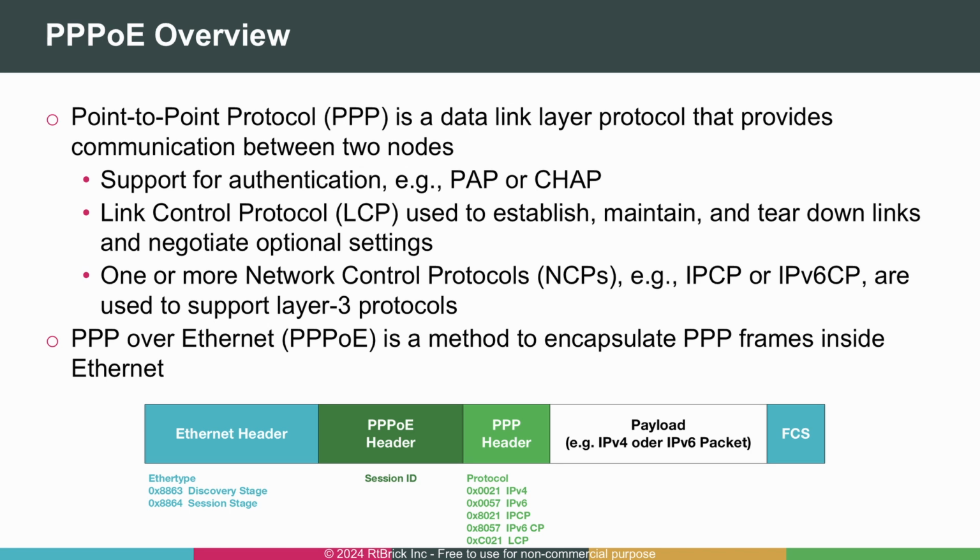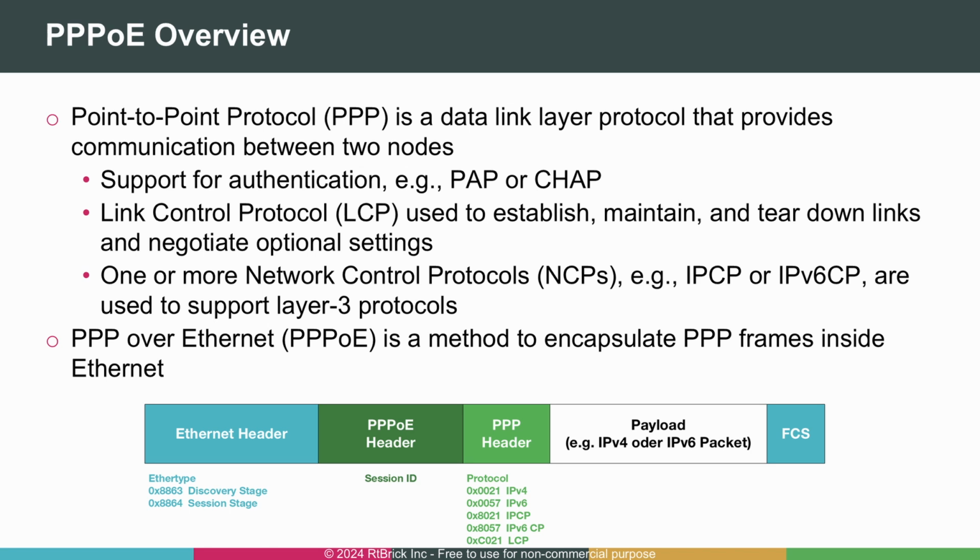PPPoE communication occurs in two stages, the PPPoE discovery stage and the PPP session stage. In the Ethernet header, the ether type field is set to 0x8863 for the discovery stage and 0x8864 for the PPP session stage.